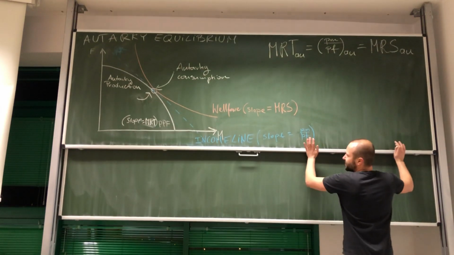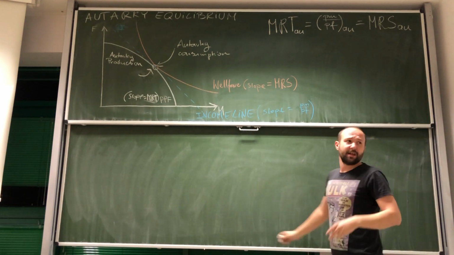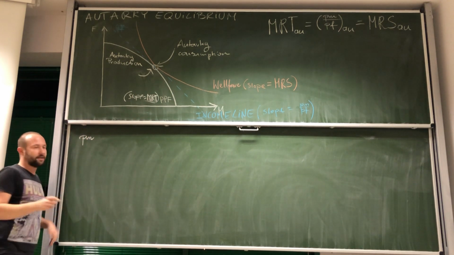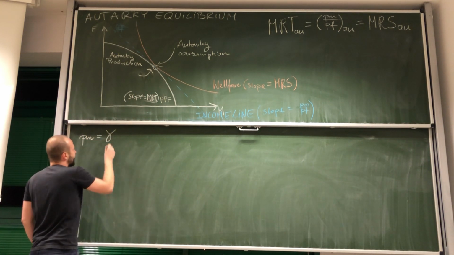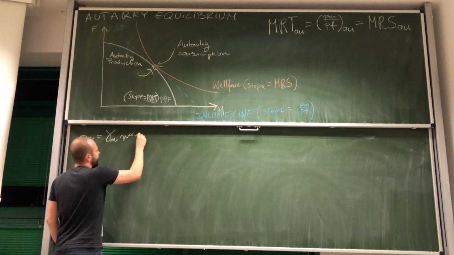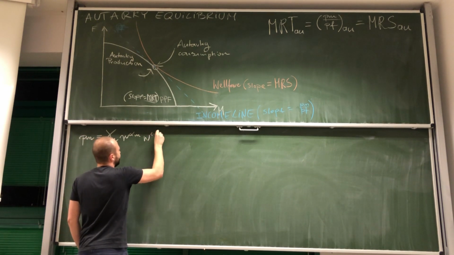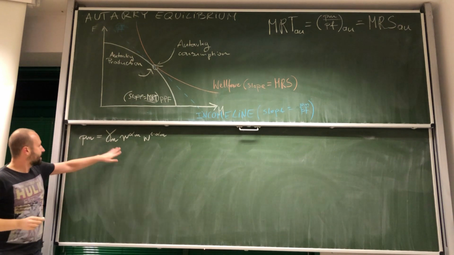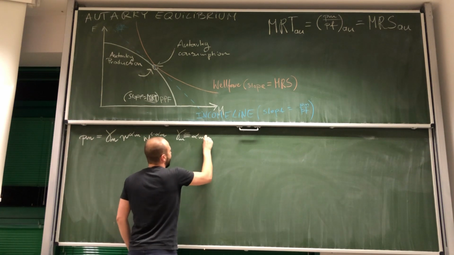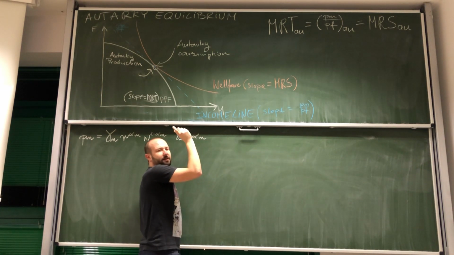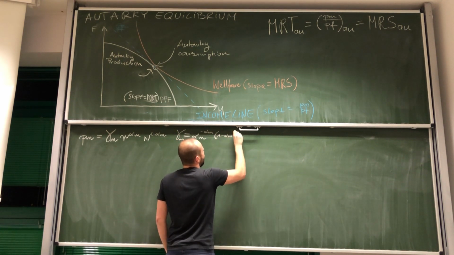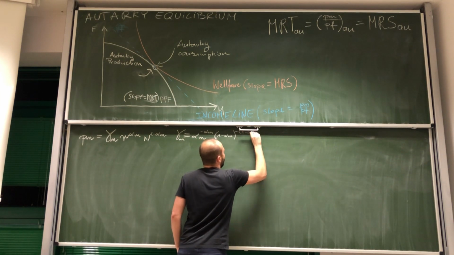Before, we actually calculated that the price of manufacturers is equal to gamma m times rent to the power alpha m times wage to the power 1 minus alpha m, where gamma m was defined as alpha m to the power negative alpha m times 1 minus alpha m to the power negative 1 minus alpha m.